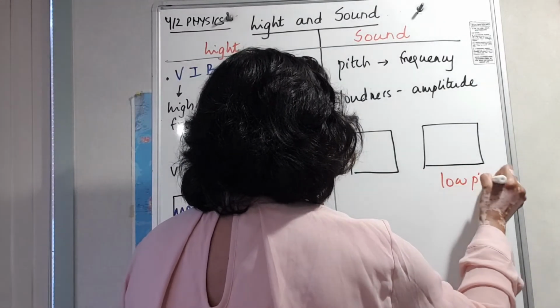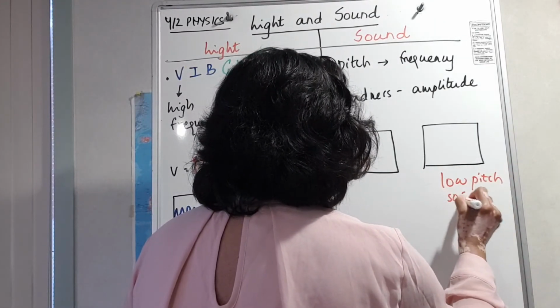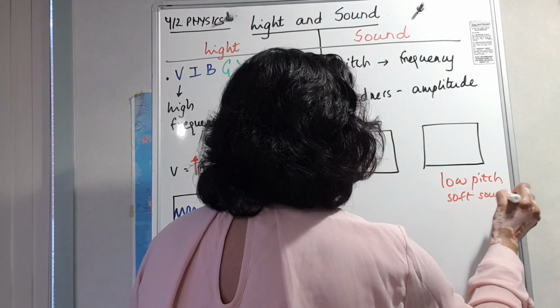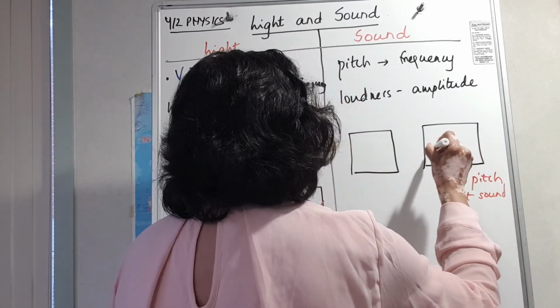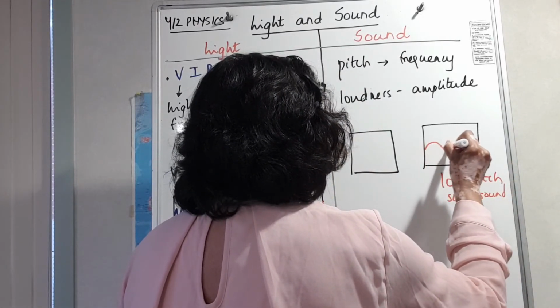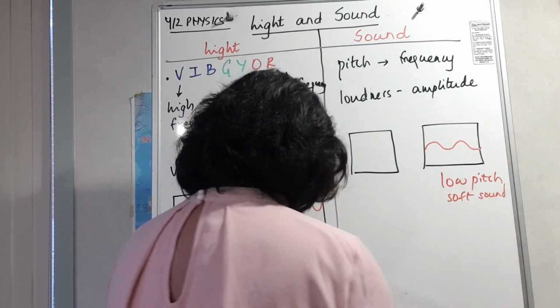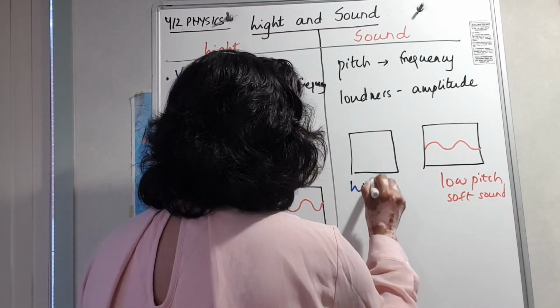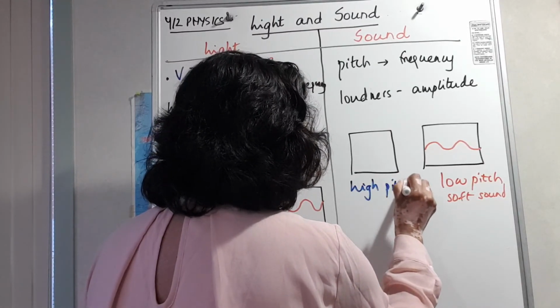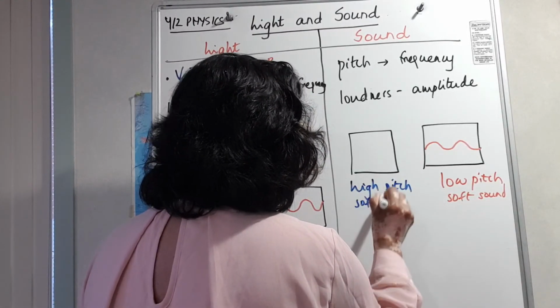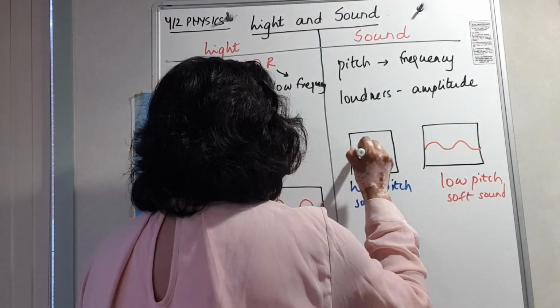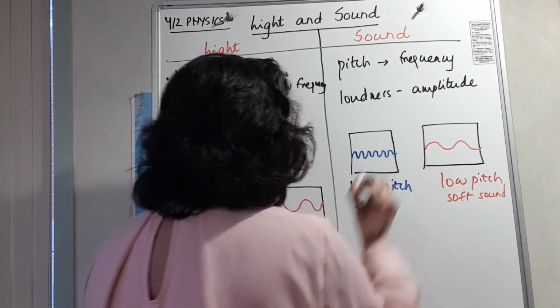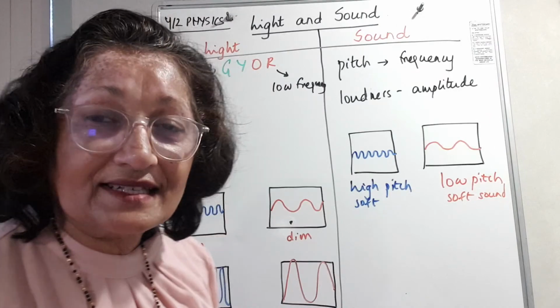If you want low pitch and soft sound, low pitch is low frequency and soft means the amplitude is less. If you want high pitch and soft, the frequency is more and the amplitude is less.